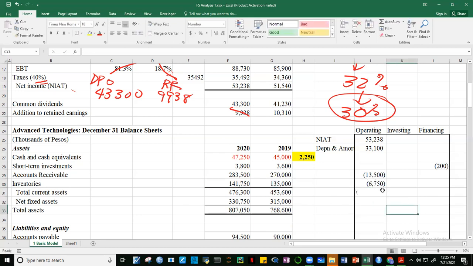Okay. All right, so matatapos na tayo, ha? AR is, baliktad na naman. Okay, anybody who'd like to comment, guys? Ayaw pa rin ng Excel ko. Tingnan nyo, ha?